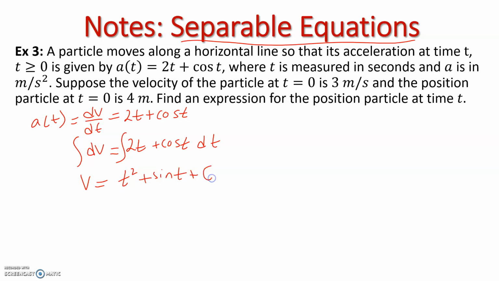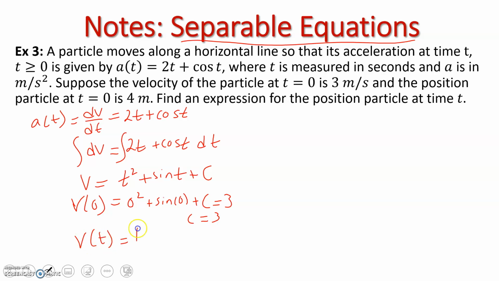Now they tell us in the problem that the velocity at time 0, so v of 0, is 0 squared plus sine of 0 plus c, is 3. So we can see that c is 3 and that v of t is just t squared plus sine of t plus 3.